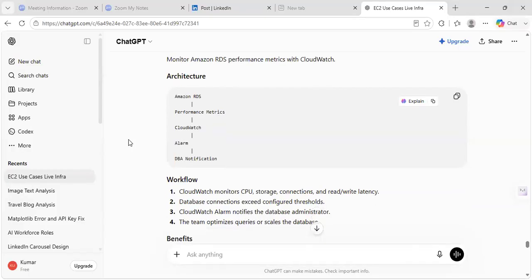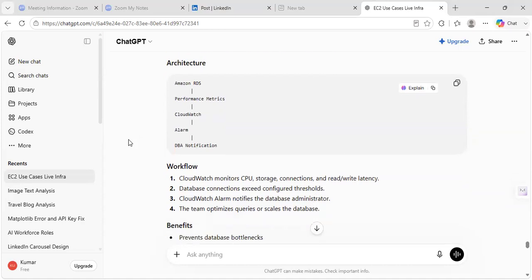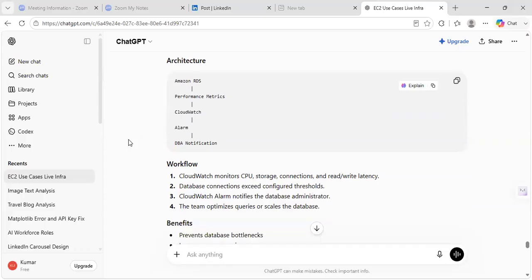Then it is going to identify where to alarm and where the notifications need to go, to whom, because in the notifications we have designed the rules: what notifications need to go to whom, and at what stage. It is going to connect with SNS and attach that failure.